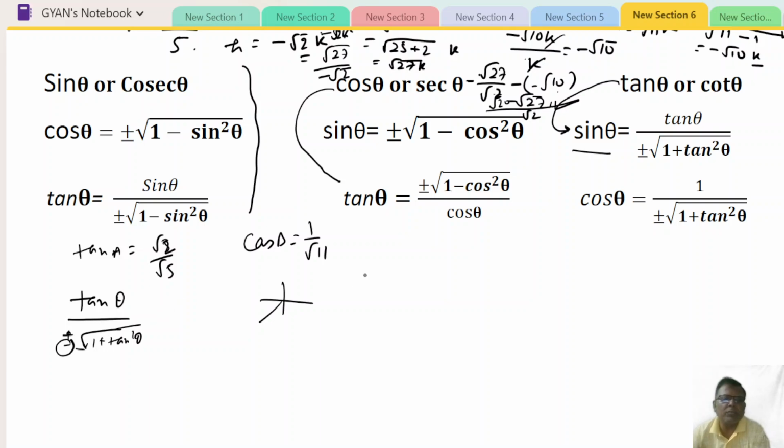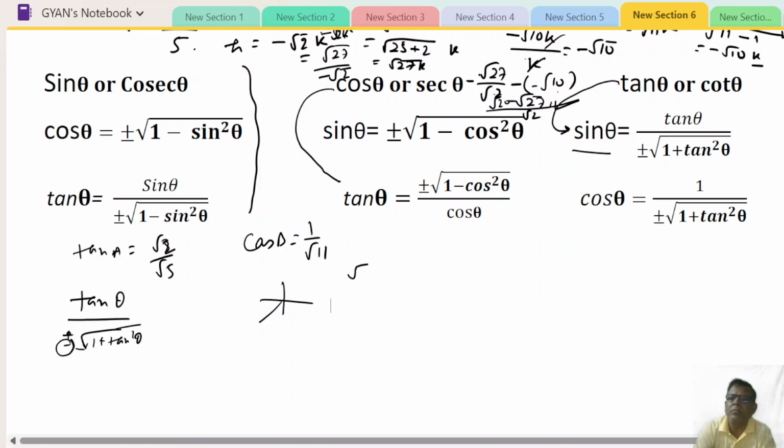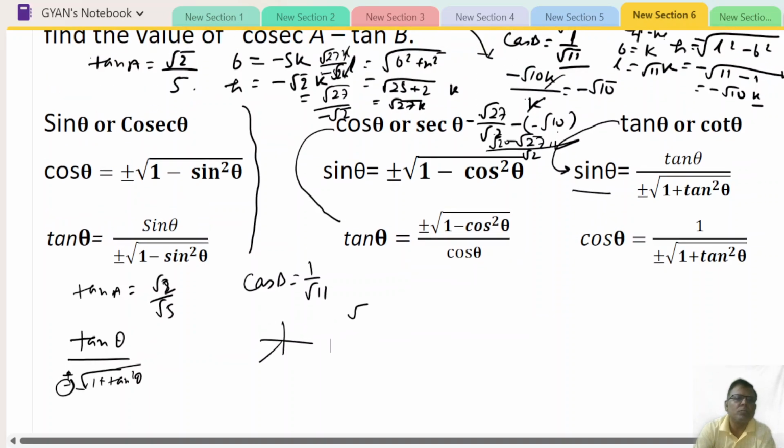So tan theta is equal to root 2 by 5. Root 2 by 5. This is not root 5. You write 2 by 5 divided by root over 1 plus 2 by 25.